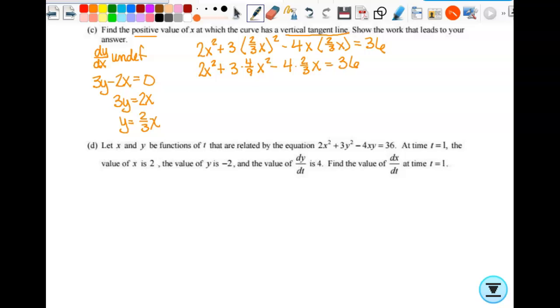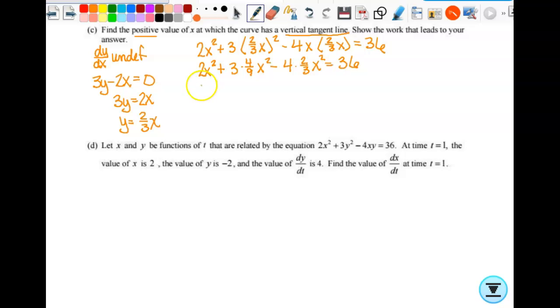I just don't want to lose you. Where's the y? We substituted this in for all the y's. Oh, I'm sorry. Thank you. 4x squared. Do you understand about the y? Okay. Did I mess up on anything else?